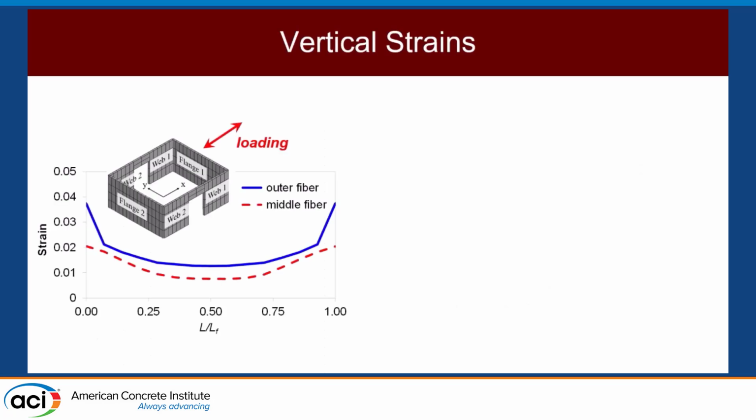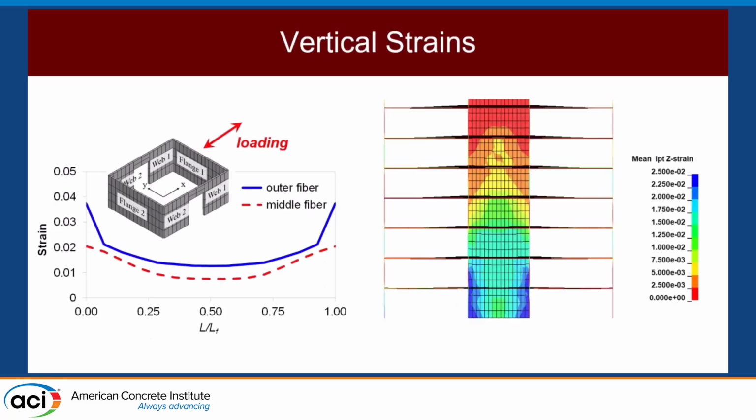And then it's really important to note what you're looking at in this graph here is flange 2, I believe in this case, and it's showing the fibers in our beam elements, and it shows the strain profile along the full length of the wall. The LF is the length of the flange, and you can see that the strain profile changes and is certainly not linear.